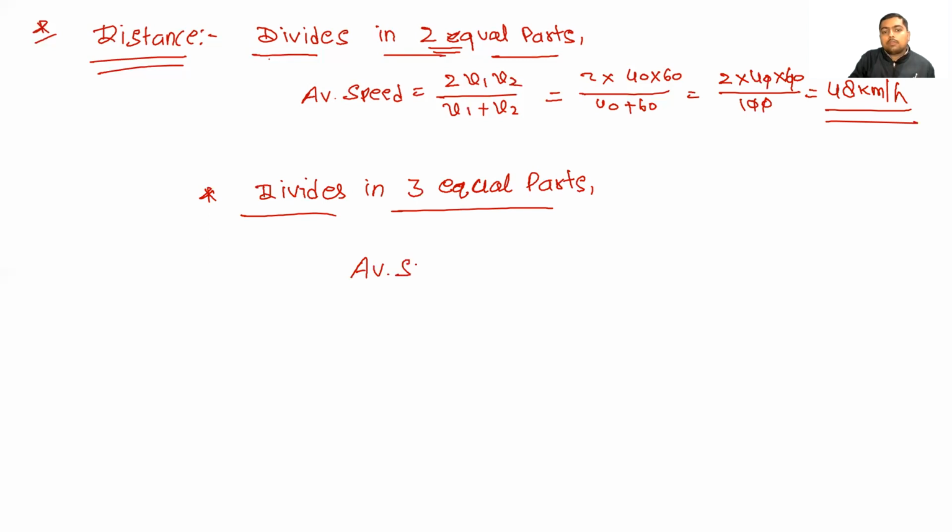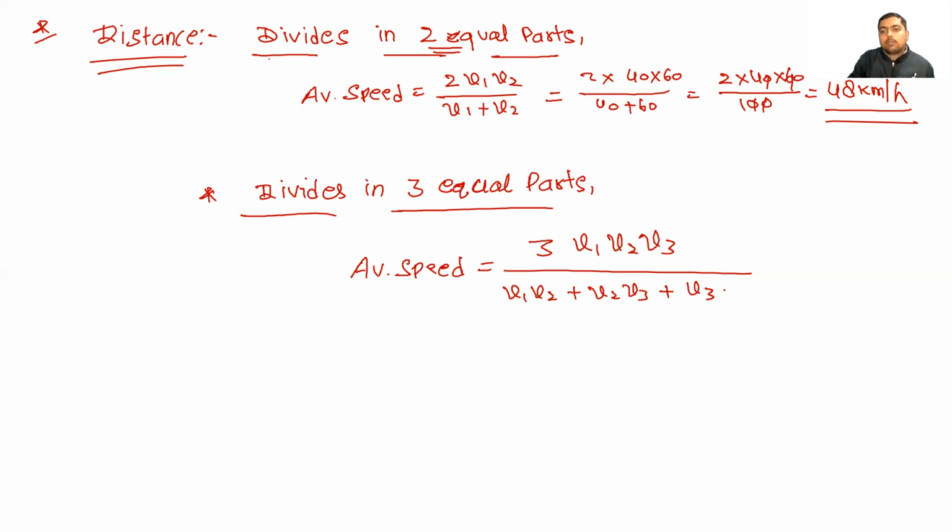The formula becomes 3 V1 V2 V3 upon V1 V2 plus V2 V3 plus V3 V1. This is the formula for when the distance is divided into three equal parts. More than three is not used in competitive examinations. Maximum is two equal parts or three equal parts.